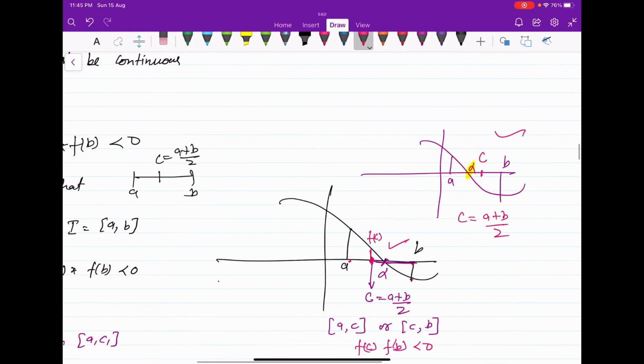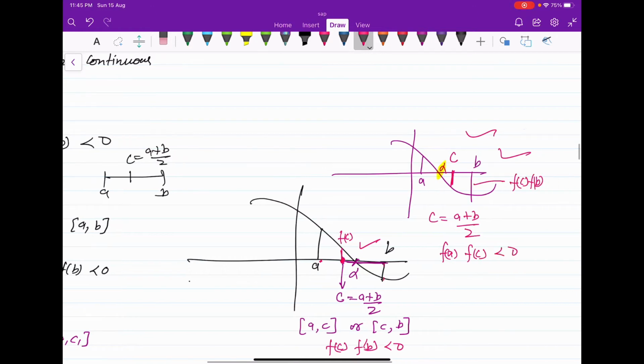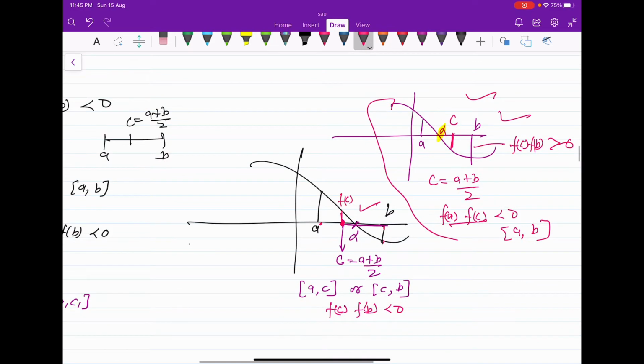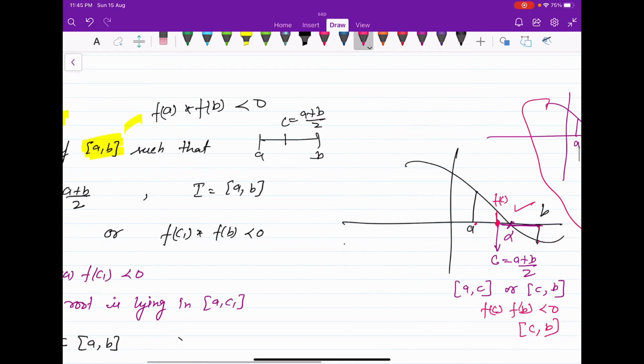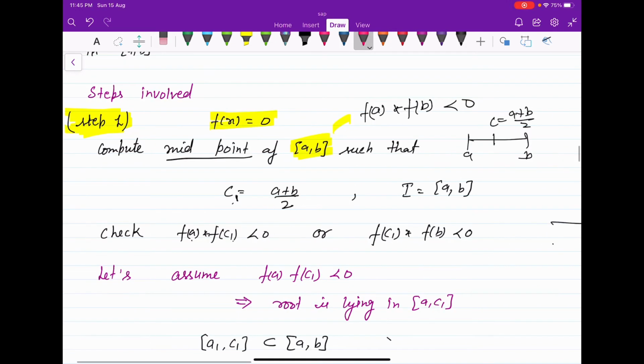In the other case, f(a) times f(c) is less than 0, but f(c) times f(b) is greater than 0. So in one case the root is lying between a and c, and in the other case the root is lying inside the interval (c, b).